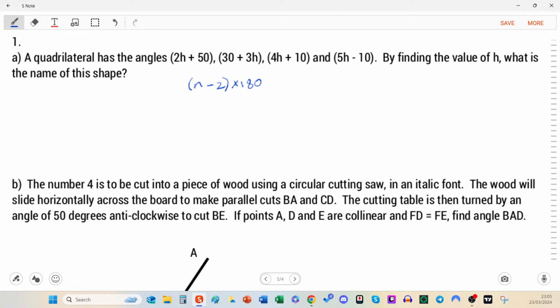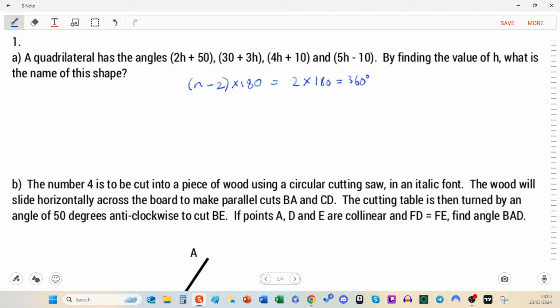Even though we should know as a fact that the internal angles of a four-sided shape total 360, it still proves that this formula works. So n being the number of sides, that's 4 subtract 2, and so we have 2 times 180, which is 360 degrees. That's part and parcel of showing off our working out if you want to be extra thorough, but you could just jump straight to the 360.